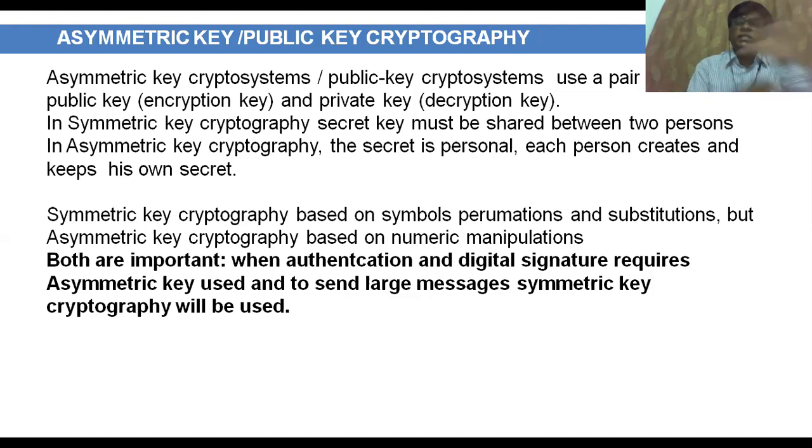Then, by using some functions and the public key or private key values, we can perform different operations on that numeric value and convert it into some other numeric value. That is the ciphertext. That ciphertext, which is also a numeric value, will be sent to the receiver on the other side. So in asymmetric key cryptography, encryption and decryption are purely based on numeric manipulations.